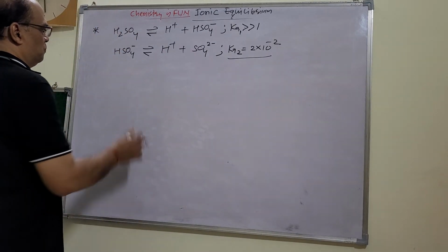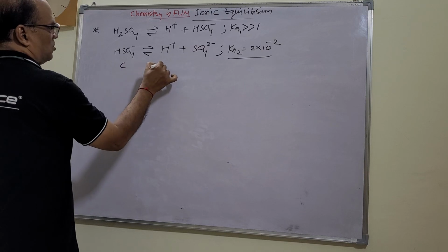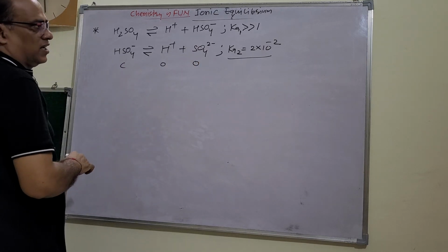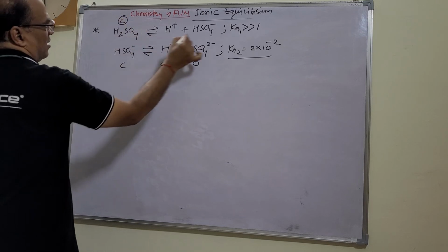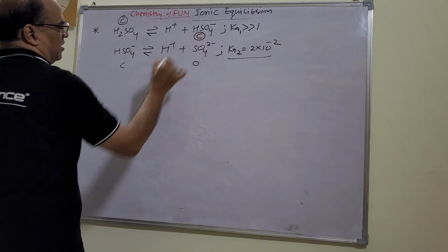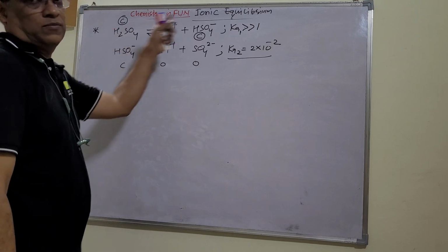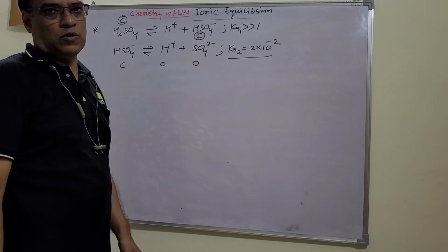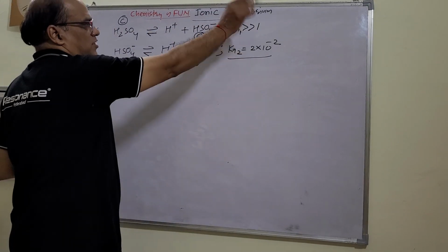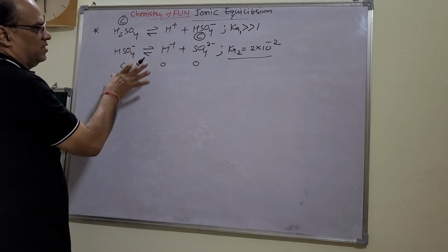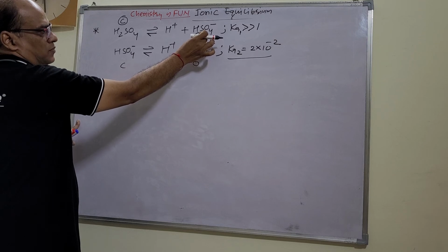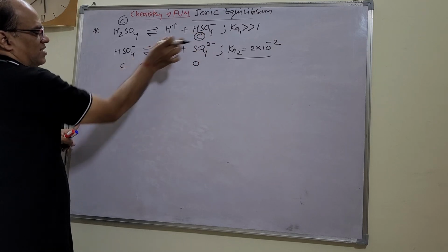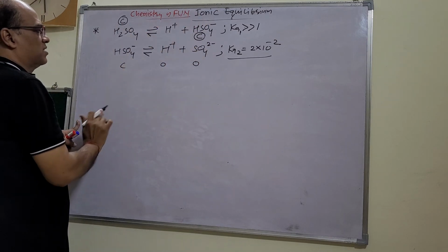I'll explain how. The second ionization we are considering, because whatever is the concentration here, that concentration will transfer as it is here. Got it or not? Because it is almost 100% ionized, K is very much greater than 1. Whatever bisulfate we are getting here will come as it is, because the first step is 100% ionized.